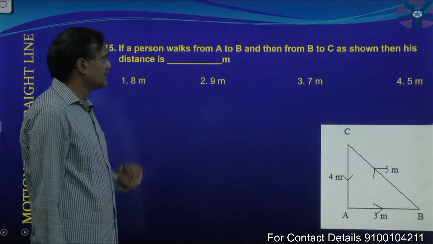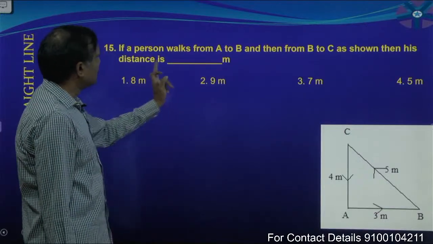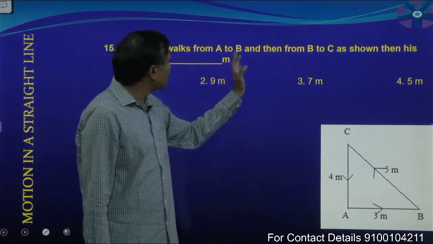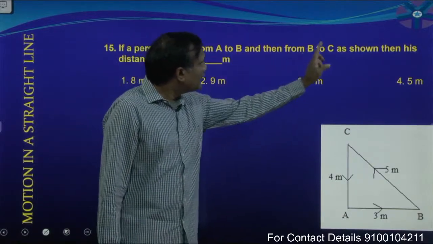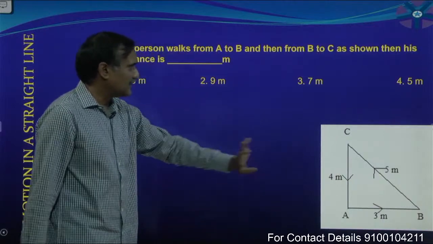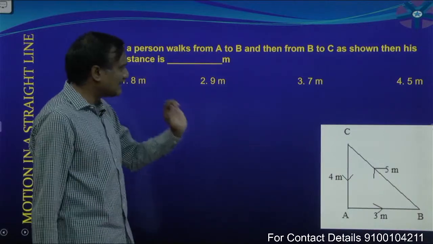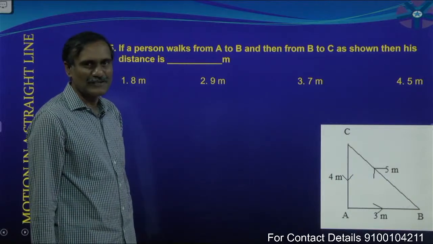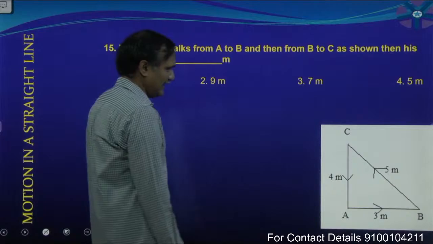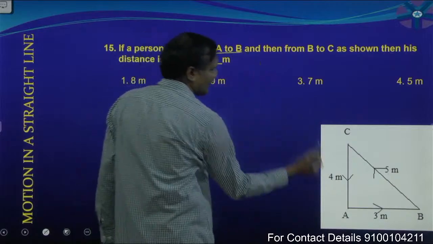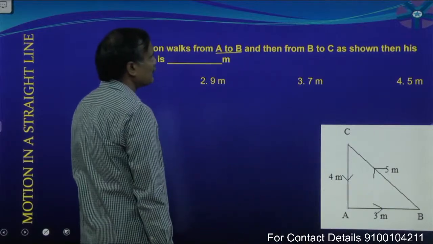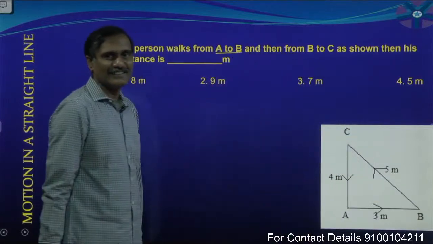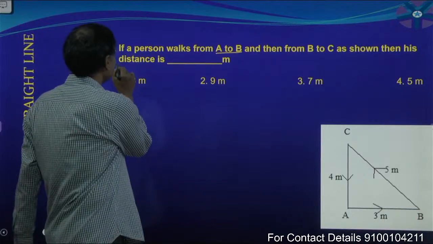Okay, next one. A person walks from A to B and from B to C, as shown in the figure. Then we want to calculate his distance. A to B first, and then from B to C. Now, for that journey the distance is very simple.